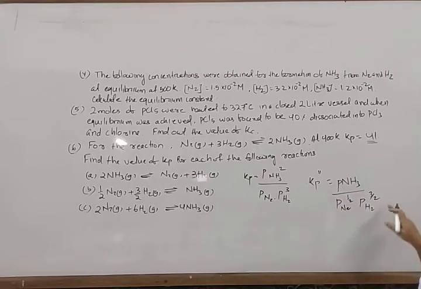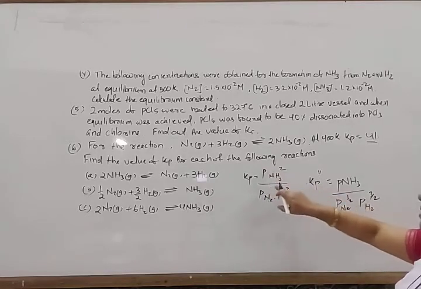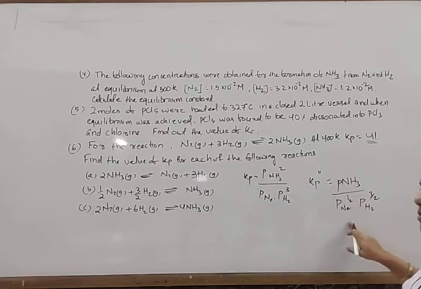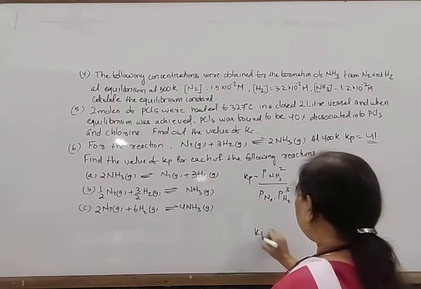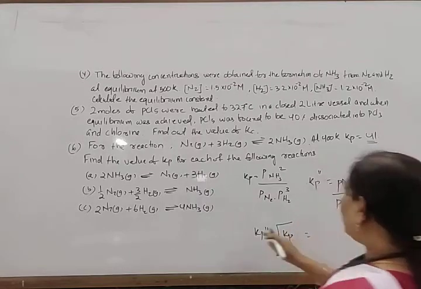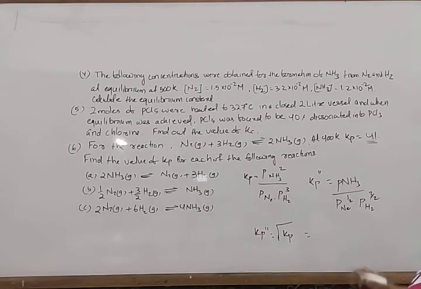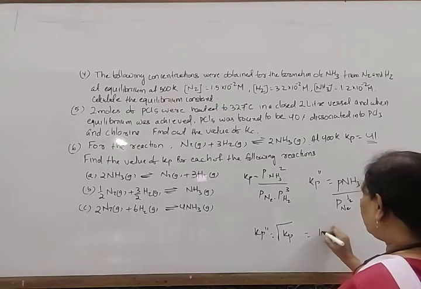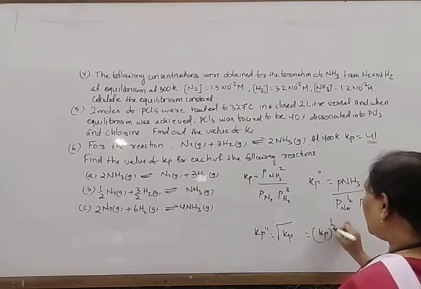So what is the value given here? This is just a square root term. In this way, Kp double dash is the square root of Kp, or we can say it is equal to Kp to the power half.